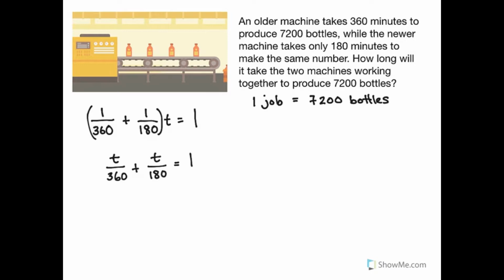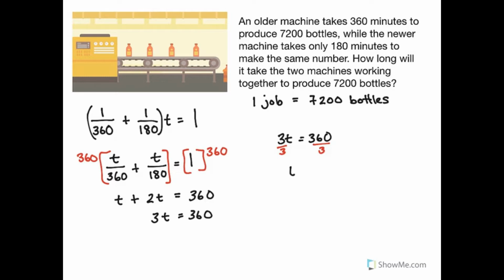I want to clear fractions, and the lowest common denominator is 360, so I'm going to multiply both sides by 360. That will give me t plus, and 360 divided by 180 is 2, so t plus 2t equals 360. 3t equals 360.